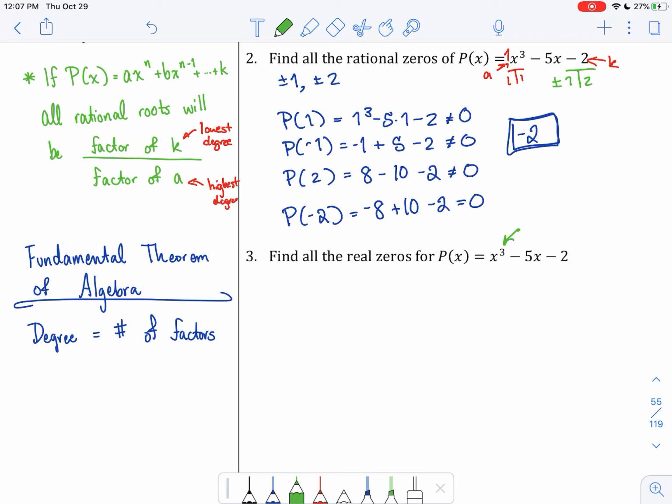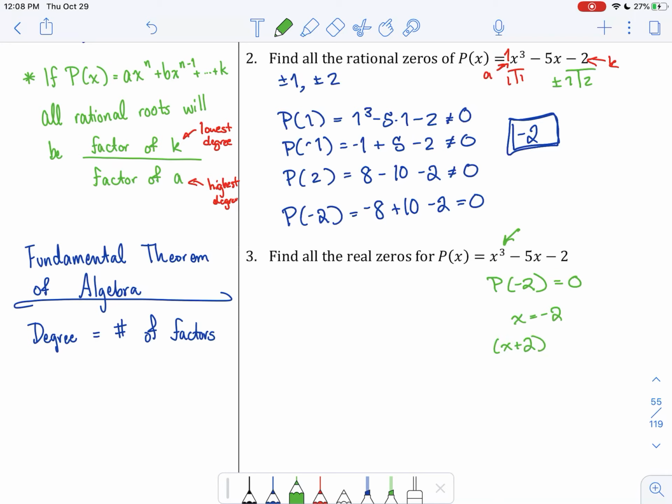So we're going to use our division skills from earlier in the week to help us find the other 2. Right now, we only know that p of negative 2 is a 0. So there is a zero at x equals negative 2.